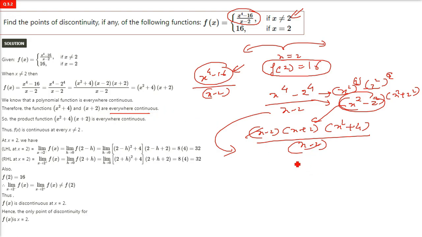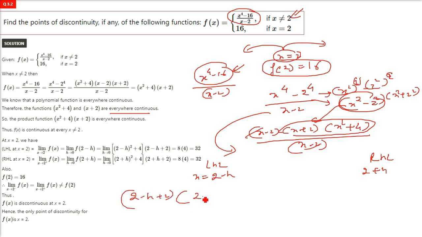So this is also a polynomial, and multiplication of two polynomials will always be a continuous function, as we have discussed in theory. So let us take the LHL and RHL. Because the point of checking is x equals 2, in LHL we use x = 2 - h. On the right hand side we will use x = 2 + h.